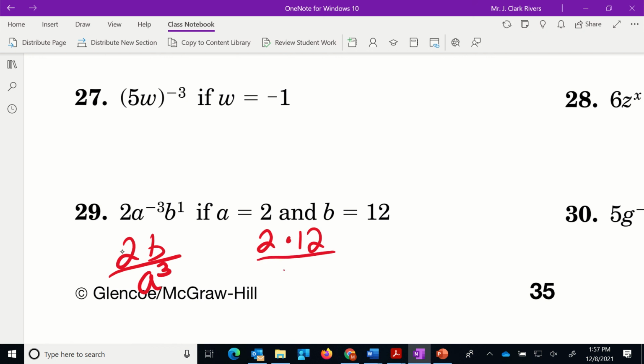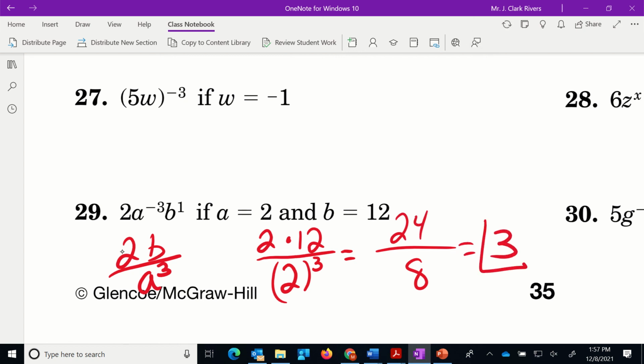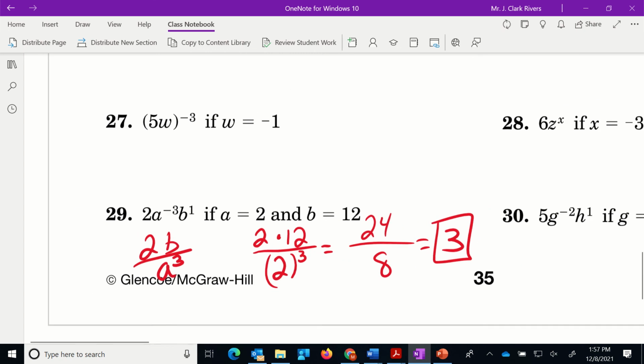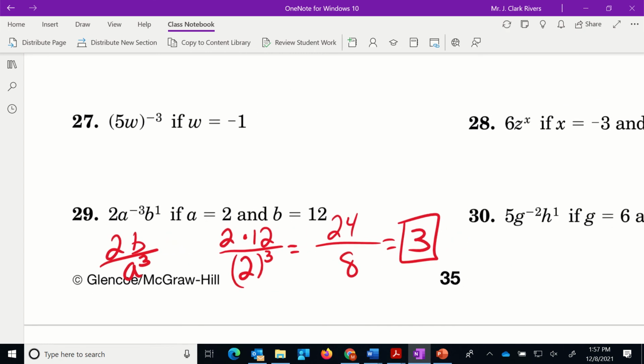A is 2, so that's 2 to the power of 3. 2 to the power of 3 is 8. 2 times 12 is 24. 24 divided by 8 is 3. So there you go. Adjust it so that all the exponents are positive, then sub in, and then simplify.